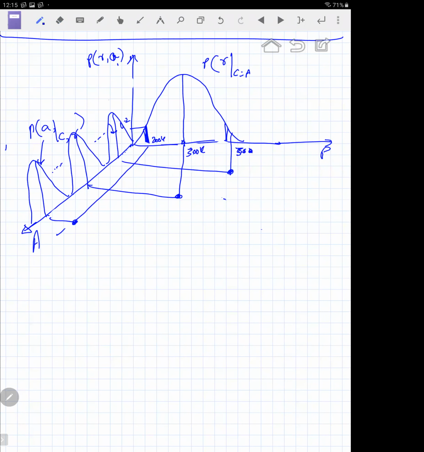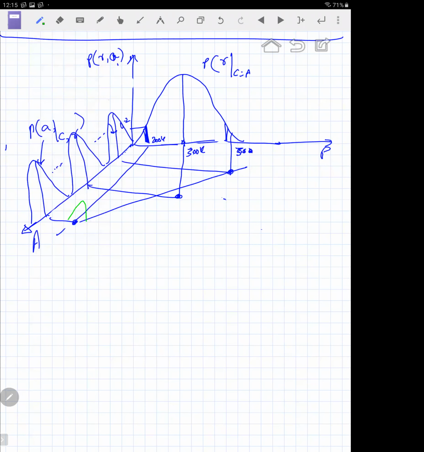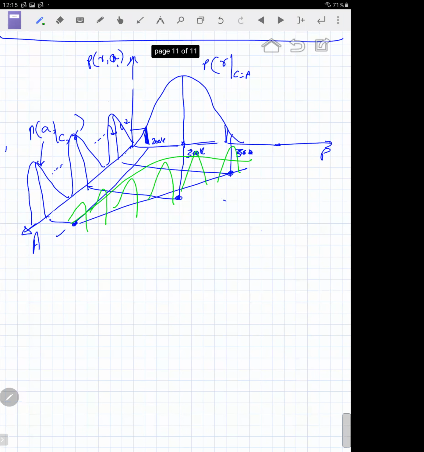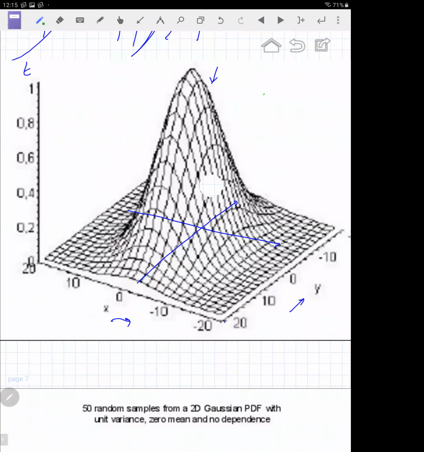And if I were to draw the distribution, it would look something like this, right? So I don't know if you can imagine this. It is the same distribution we had over here, except the axis is now tilted.